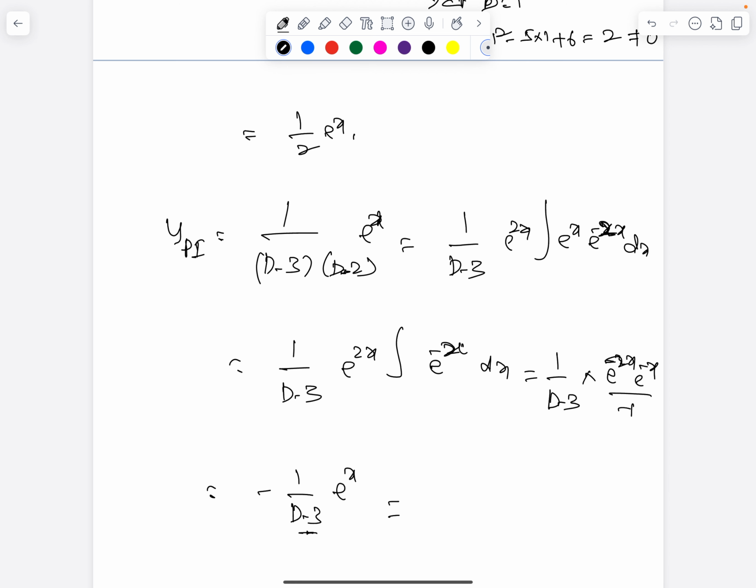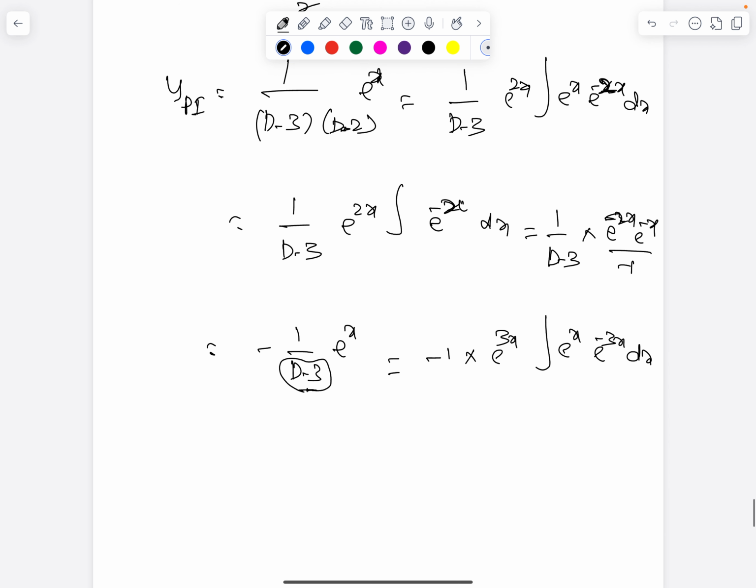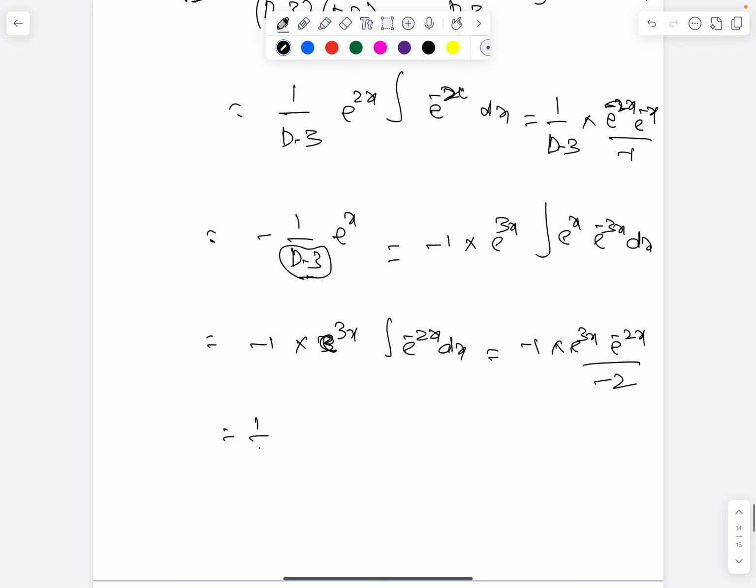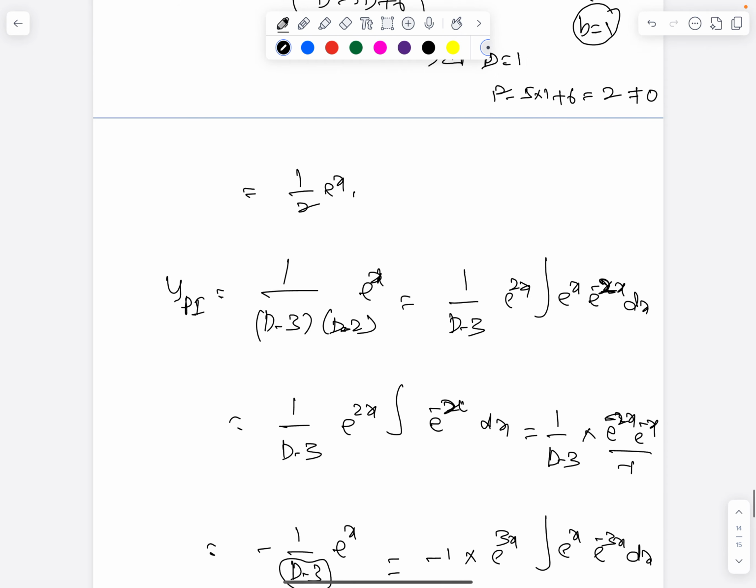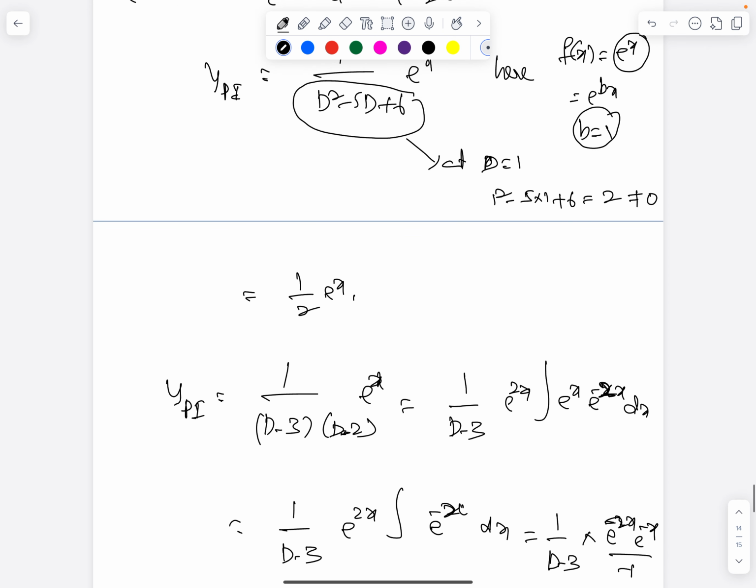Again, since 1 by D minus 3 is there, we apply e power 3x integration of e power x into e power minus 3x dx. This gives minus 1 into e power 3x into integration of e power minus 2x dx, which is equal to minus 1 into e power 3x into e power minus 2x divided by minus 2, which is equal to 1 by 2 times e power x, the y p i. So this one is exactly the same as the other shortcut form.